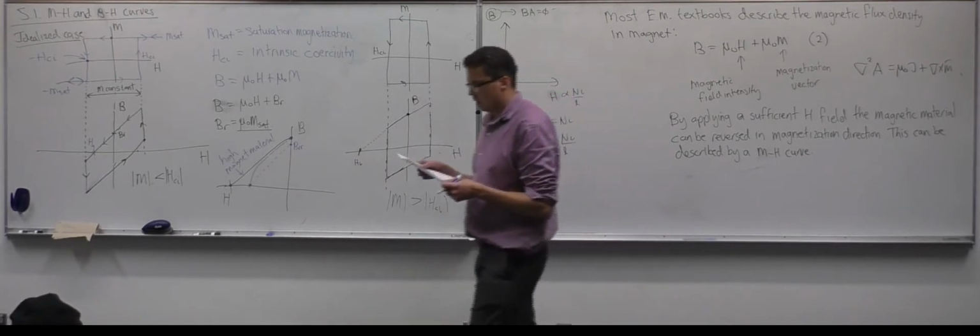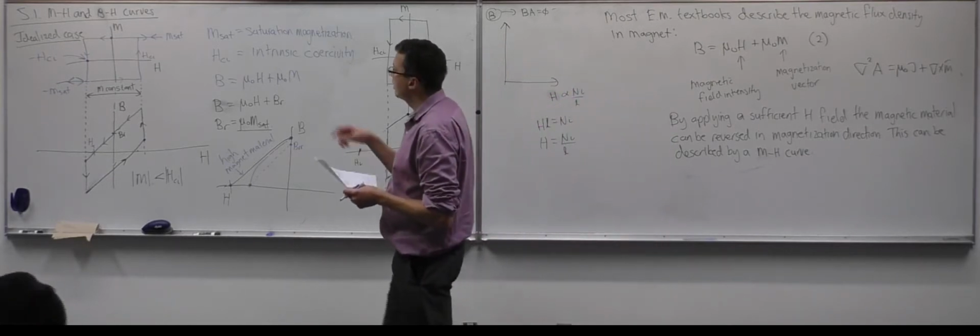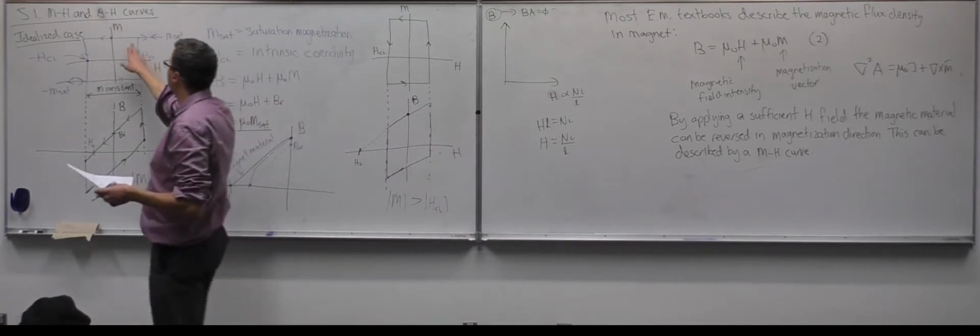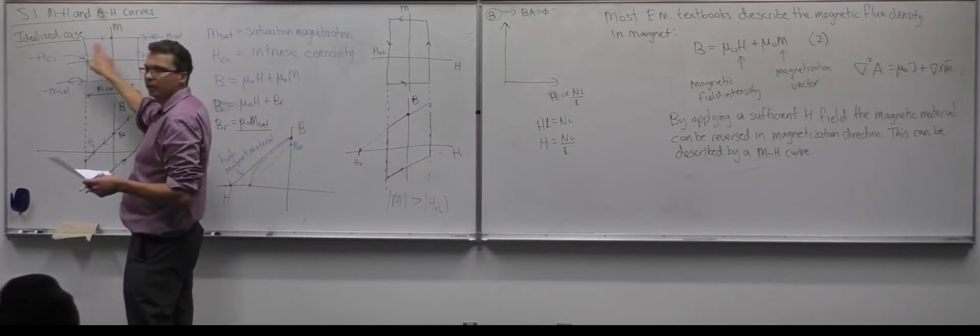Now in this idealized case, I said that M was constant across here for the magnet.